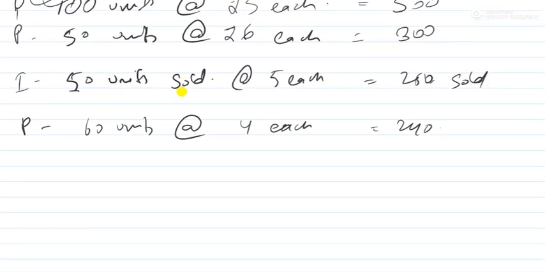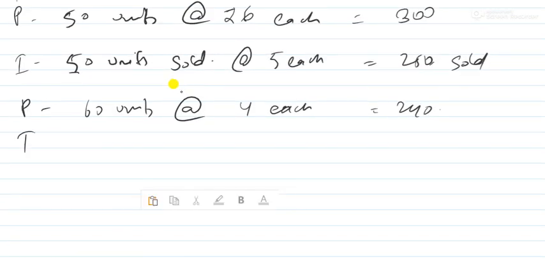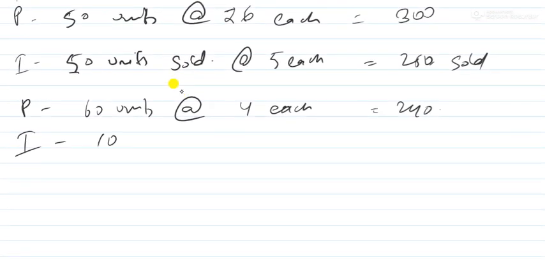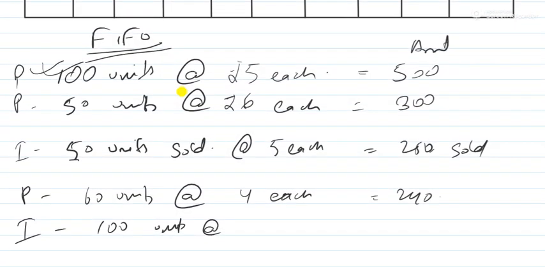Now again I issued. Issued how much? This time I issued, say, 100 units. Now they won't tell me the rate. I'll have to calculate the rate by myself.